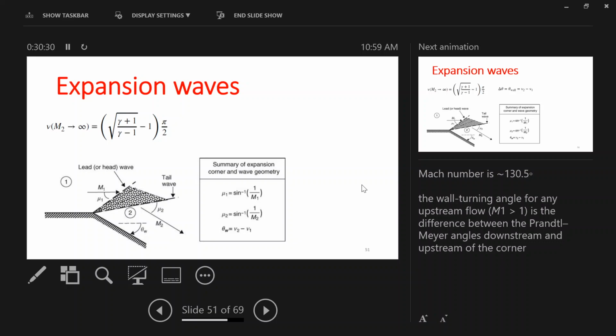So what's that value? That's the square root of 6, right? What is the square root of 6? 2 point something, let's say 2.5. Minus 1, 1.5 multiplied by pi over 2. What is that? That's 135 degrees, right?